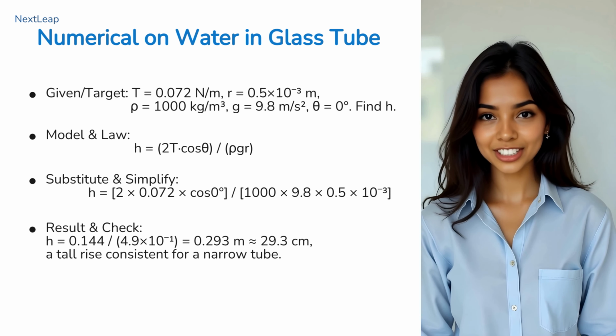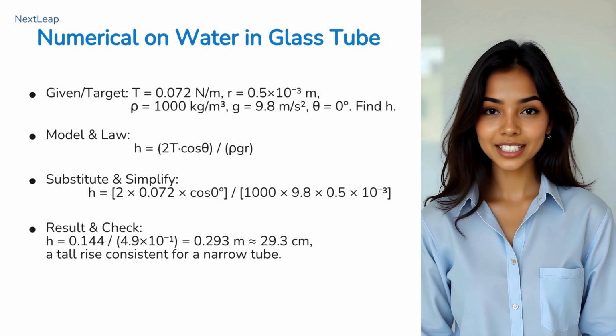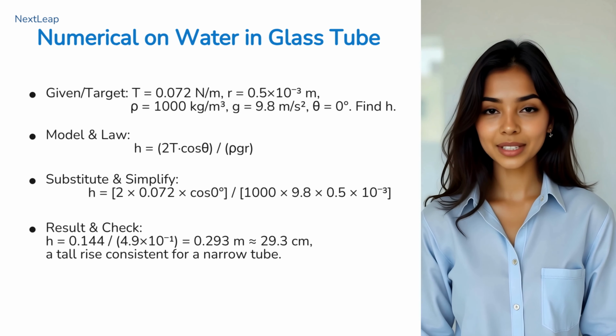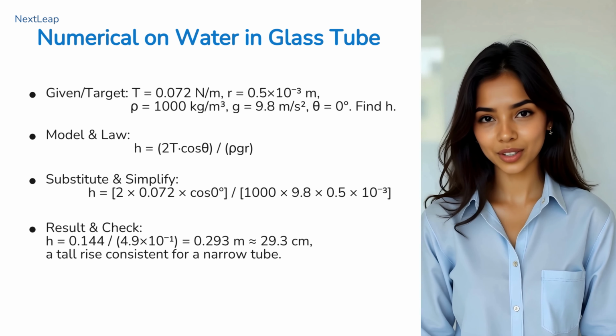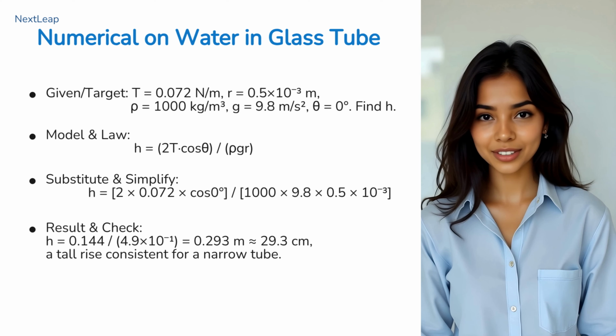Dividing, we get h equals approximately 0.293 meters or 29.3 centimeters. This tall rise is typical in narrow tubes and matches observations perfectly. Picture a thin glass tube with water climbing almost 30 centimeters, capillarity in action.